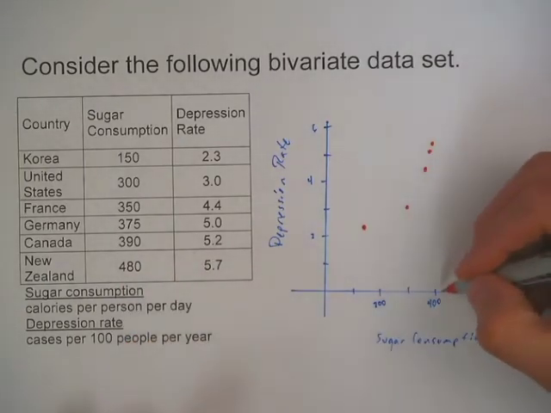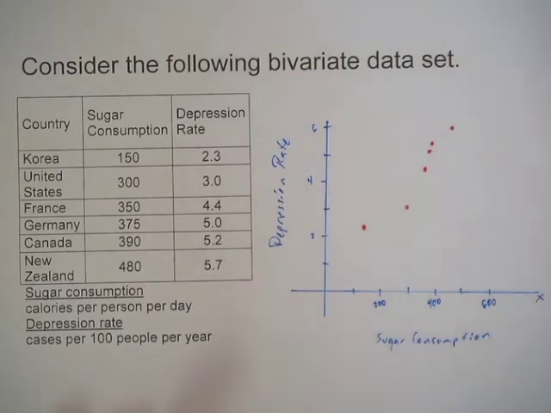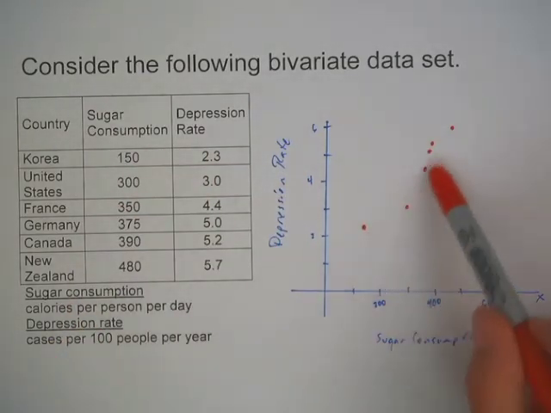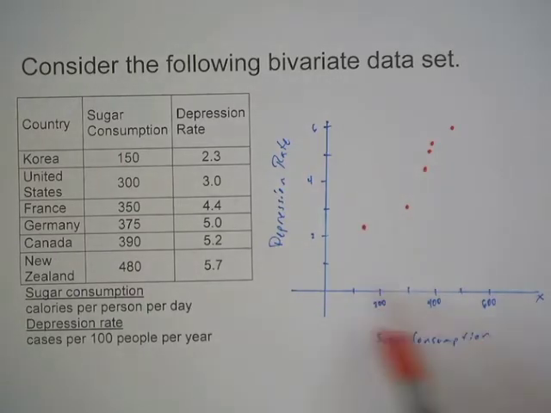So 480 will be about here, and 5.7 will be about here. So that would represent the scatter plot of this bivariate data set, where each dot represents a country, and for each country, their sugar consumption and depression rate can be identified from the scatter plot.